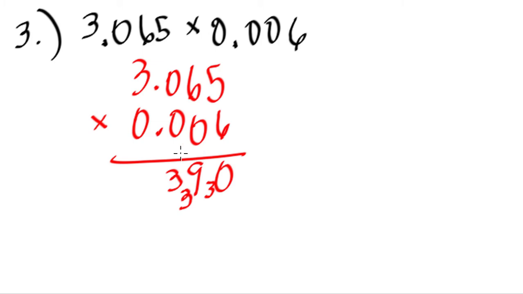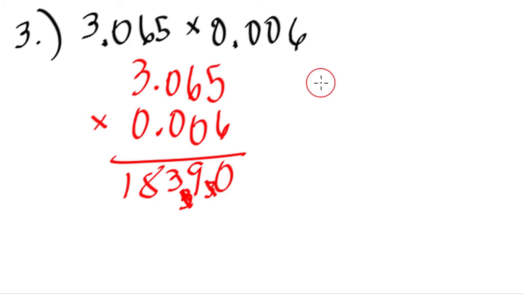And 6 times 3 is 18. Let's put it right there. Okay, so these are carries, so let's erase them. Multiplying all of this by these numbers, which are all zeros, gives us zeros. So that's our product already.